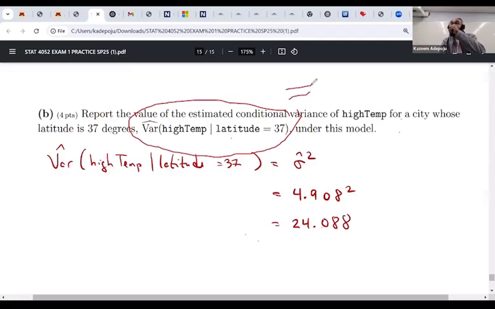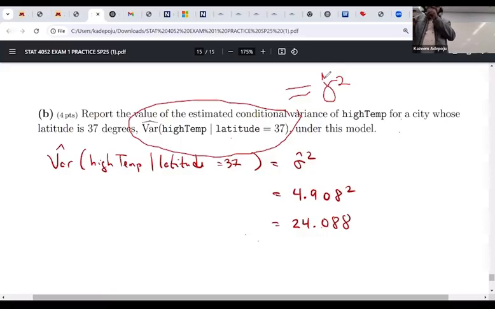What is the assumption? Constant variance, sigma squared. I need the estimate of sigma squared, whether latitude is 37 or 40. The variance of the response given any value of the predictor must be the same. That is homoscedasticity, constant variance.